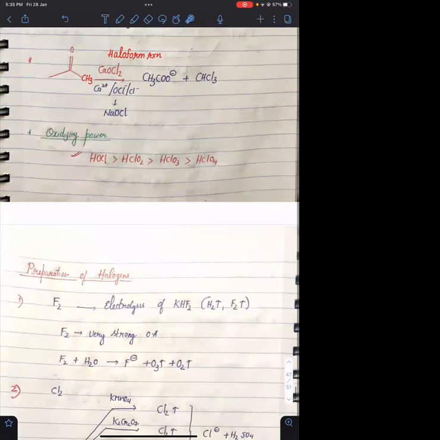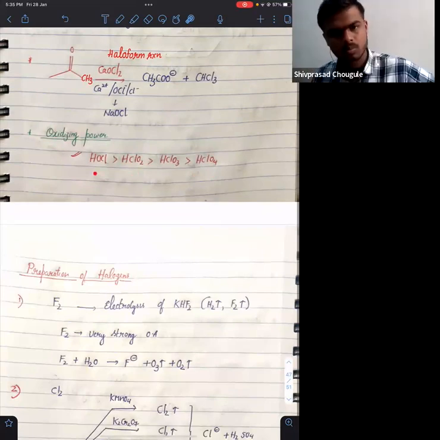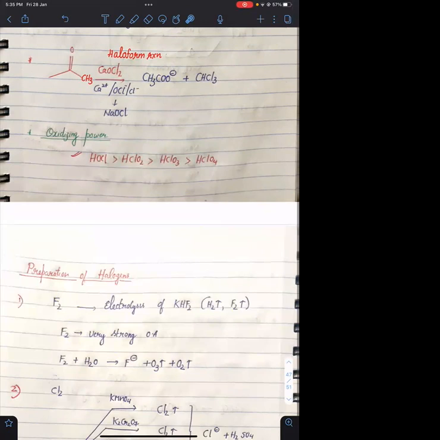Oxidizing power. Acidic strength का order is HClO4 greater than HClO3 greater than HClO2 greater than HClO. Acidic strength मतलब H plus देगा. Remember it this way. The one which gives H positive, if it is accepting electrons, it will be converting into H2.